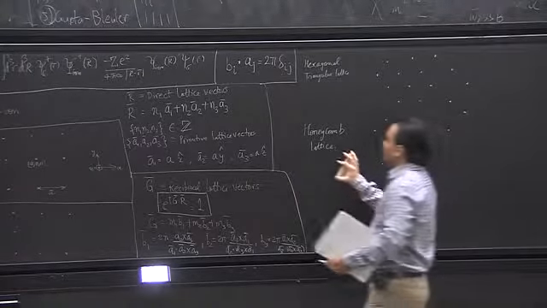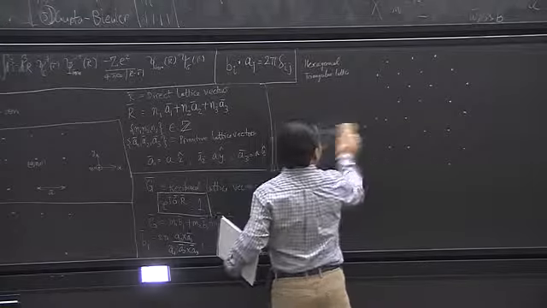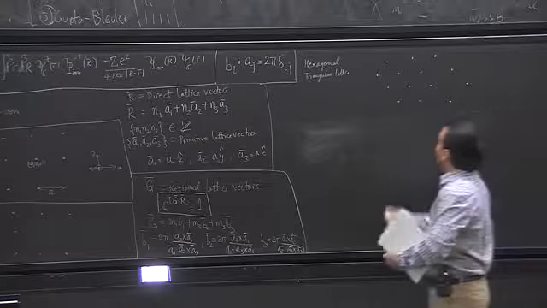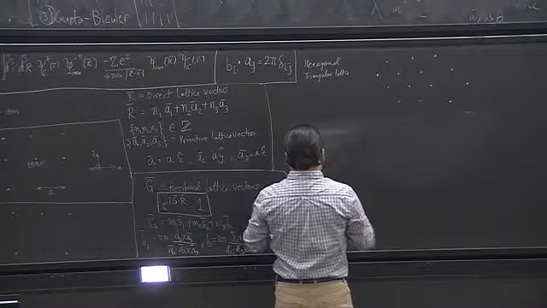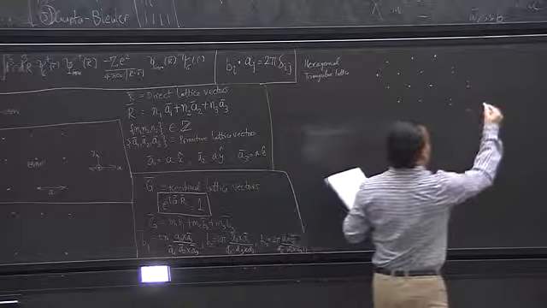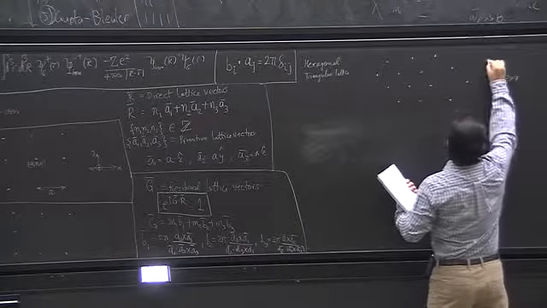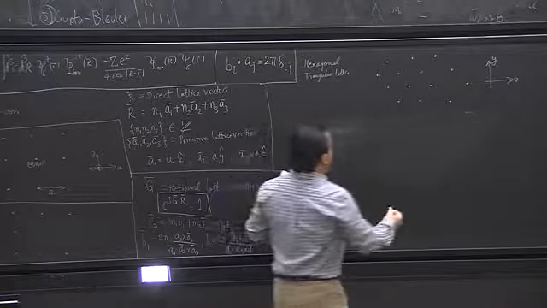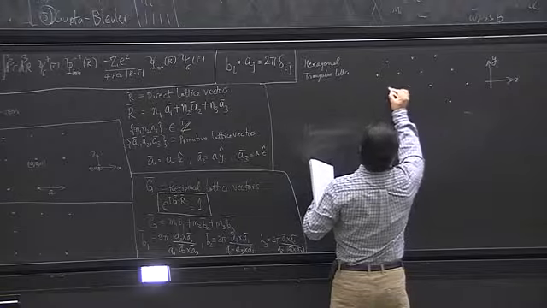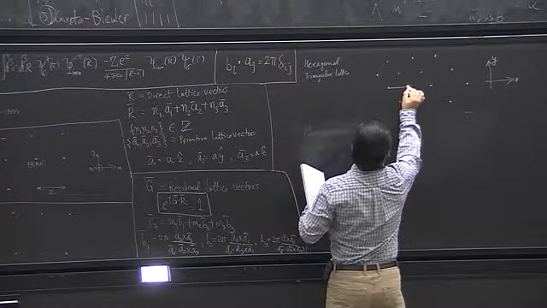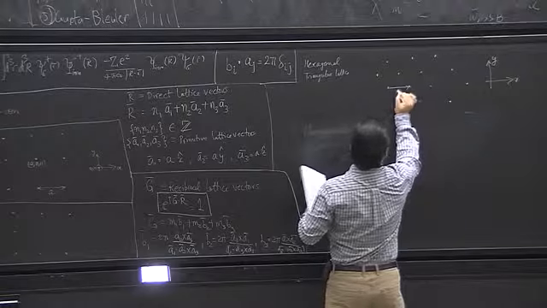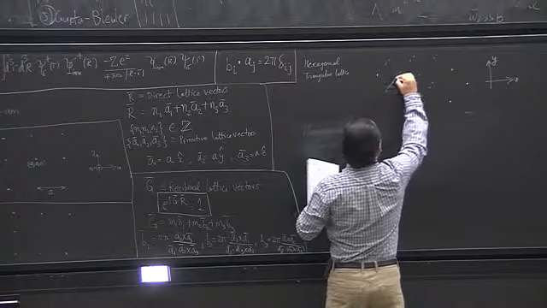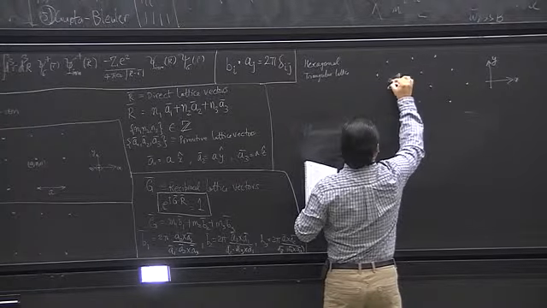So for the moment, let's take this hexagonal lattice and let's choose coordinates. Now what I'm going to do is start here and say that this is my primitive lattice vector A1 and this is my primitive lattice vector A2.